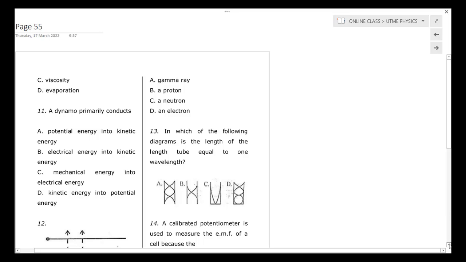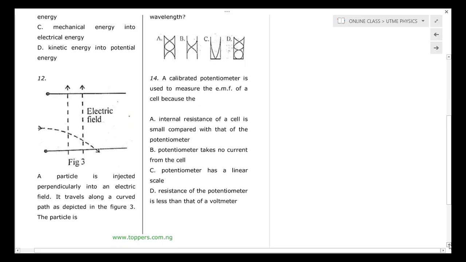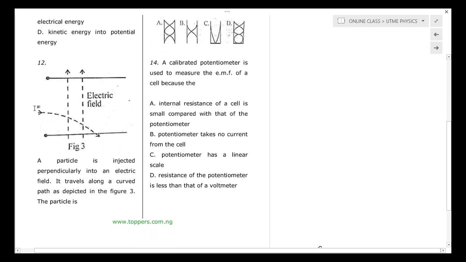Number 12. We're given a diagram here. They say that a particle is injected perpendicularly into an electric field. It travels along a curved path as depicted in the figure above.